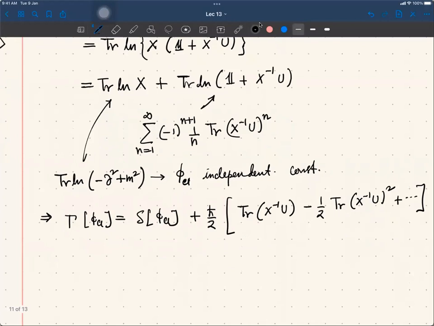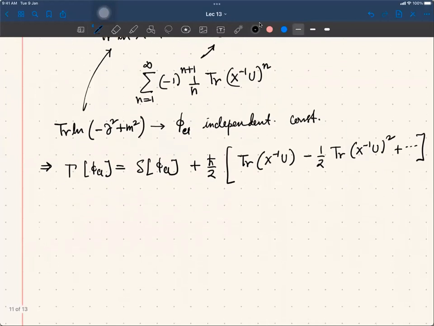This whole infinite series is at order h bar.